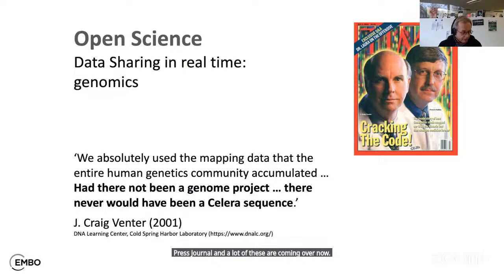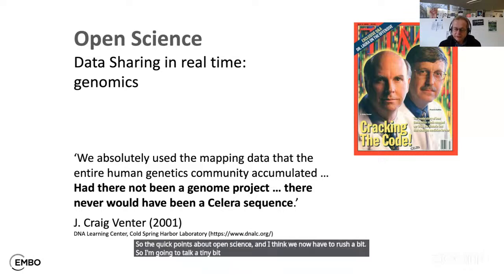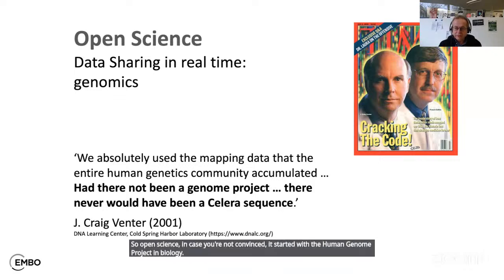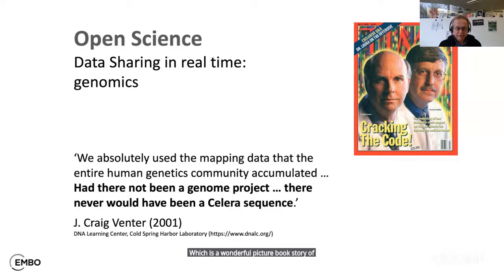A quick point about open science, and I think we now have to rush a bit. So I'm going to talk a tiny bit about open science and a tiny bit about research integrity, and then we're done. Okay. So open science, in case you're not convinced, started with the Human Genome Project in biology, which is a wonderful picture book story of how open science can work in principle.